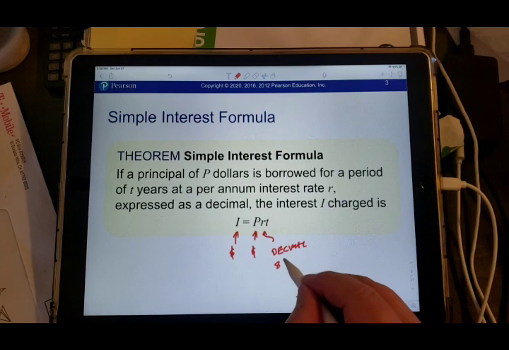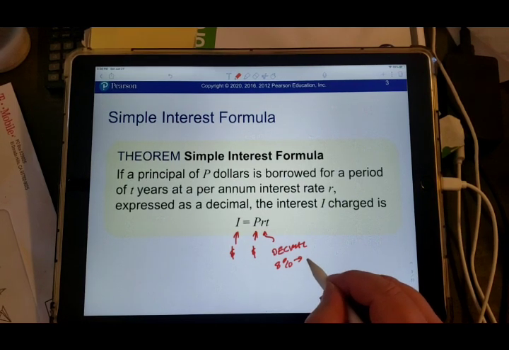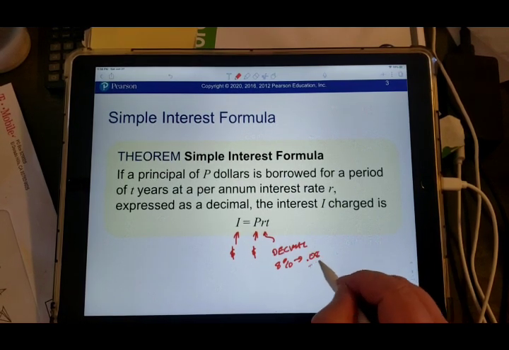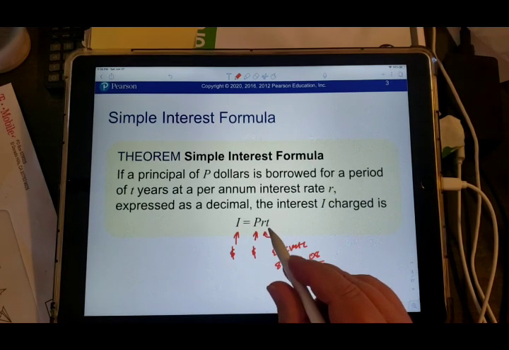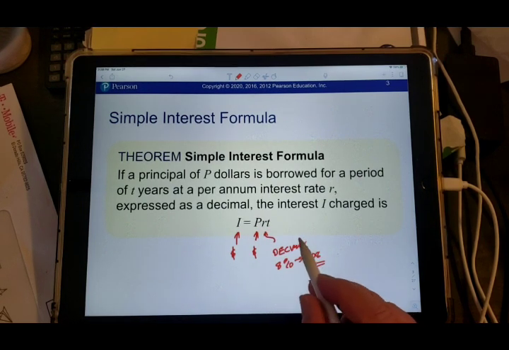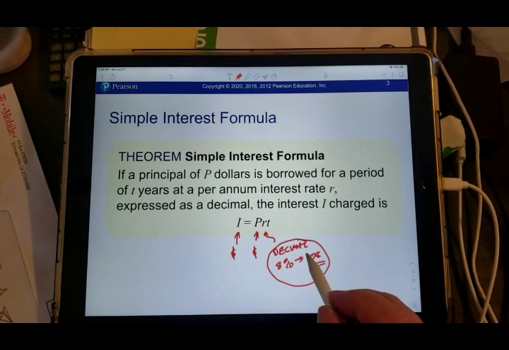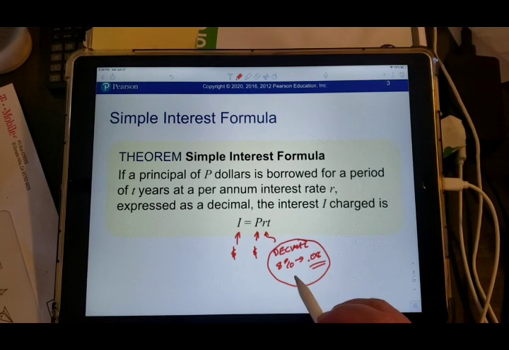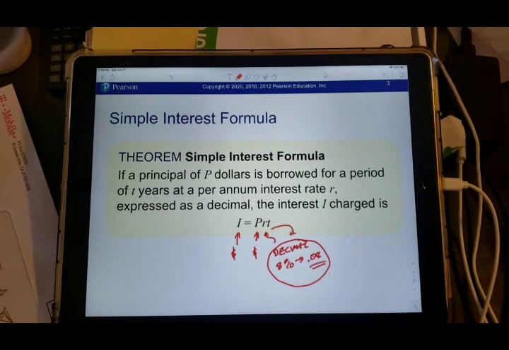So in other words, if it says 8%, you would put the rate as a decimal. And then the time, typically in years. I say typically because the rate has a time element in it. So if the rate is 8% per year, then the time would have to be in years. So the time has to agree with the rate.